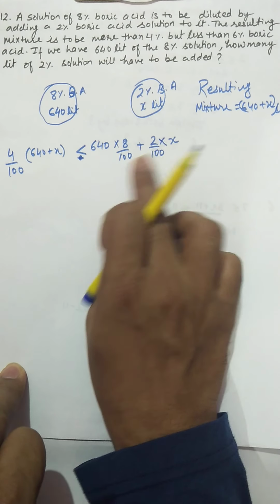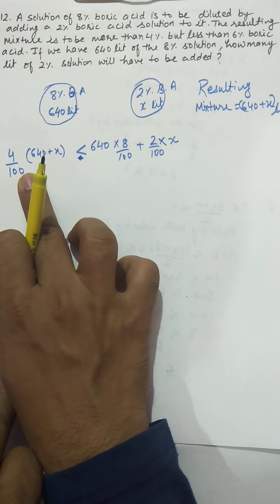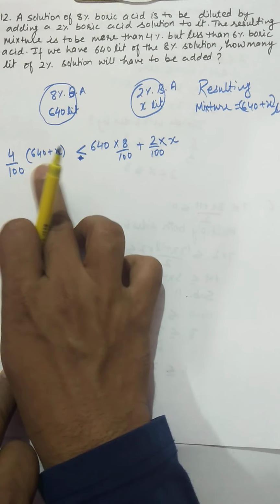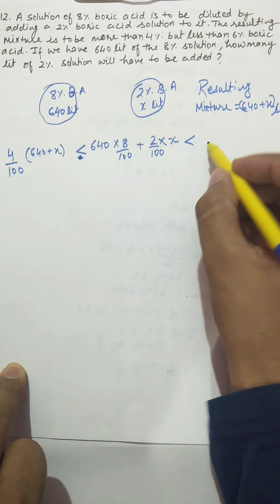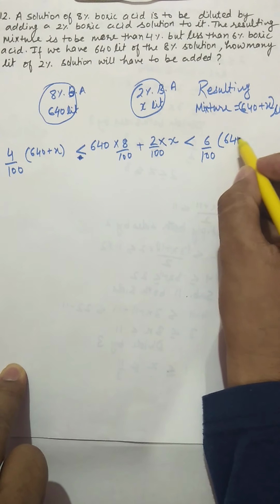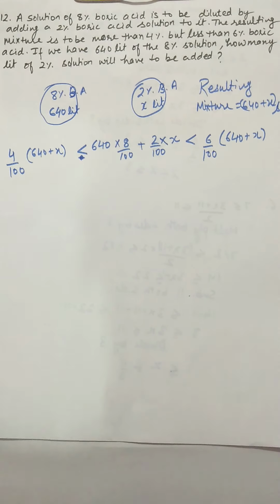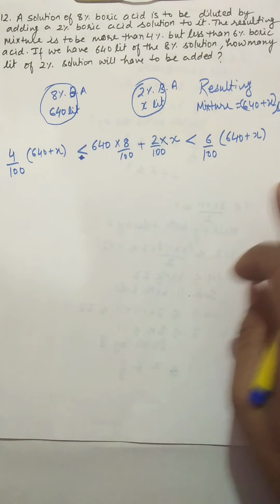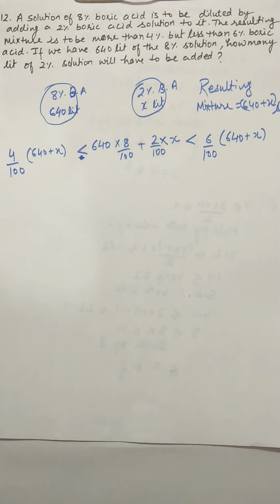Your boric acid should be greater than 4% of the resulting mixture and less than 6% of the resulting mixture. So this is the important linear inequality that you have got, and now you have to find the value of x.